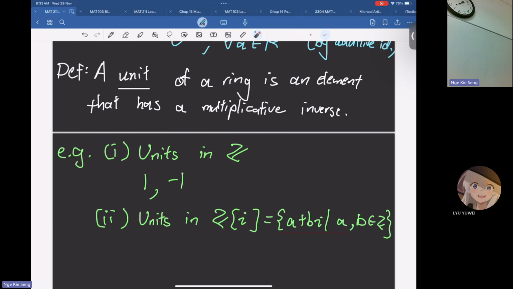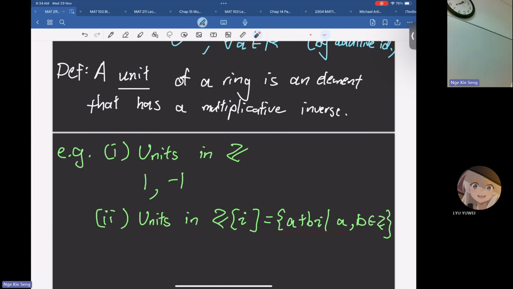So what are the units here? What are the elements that have a multiplicative inverse? Is Z in Z[i] or not? Yes, right. So 1 and -1 must be units in Z[i].